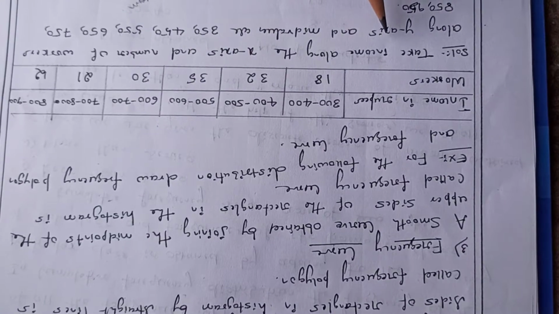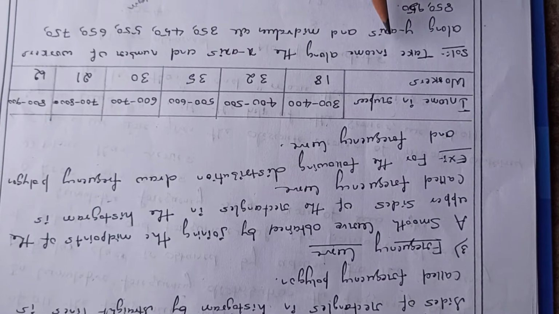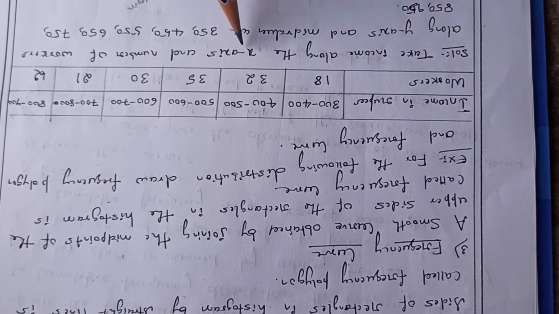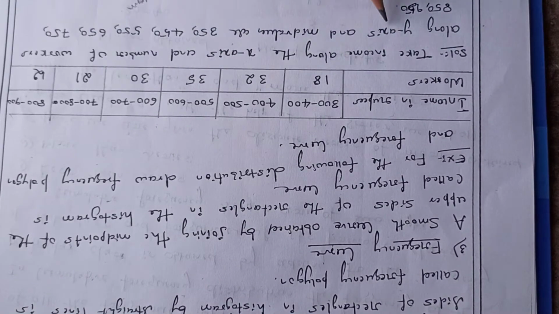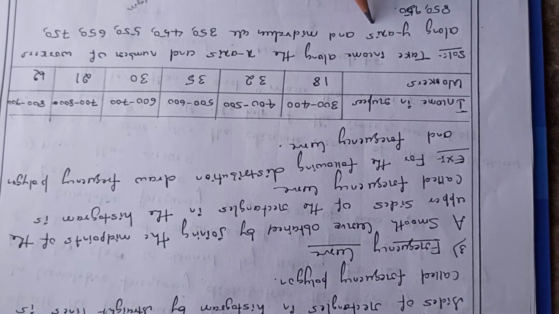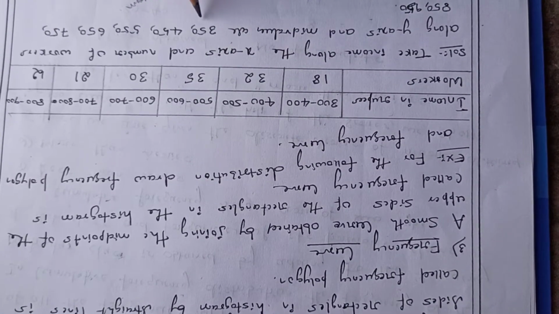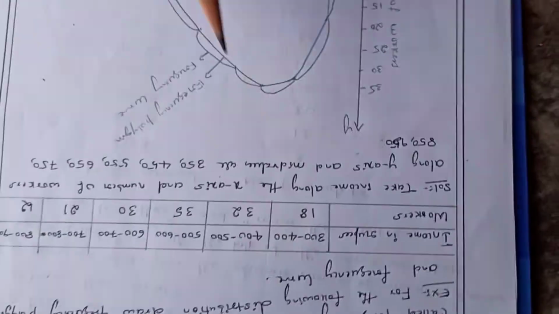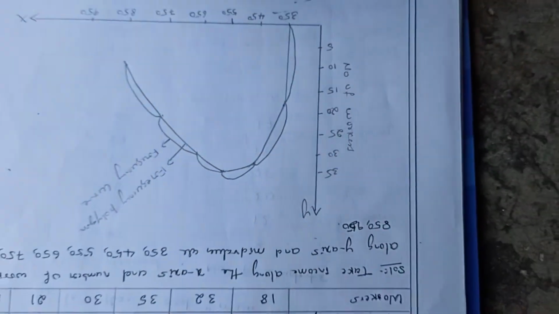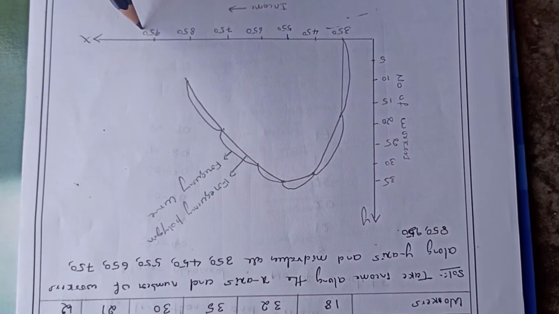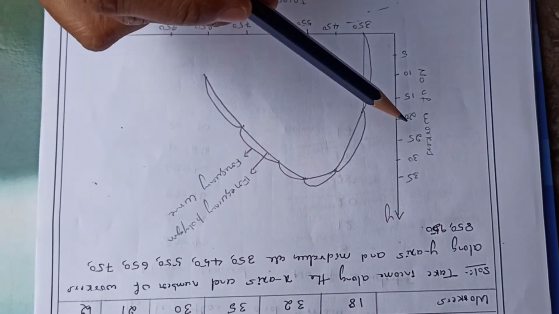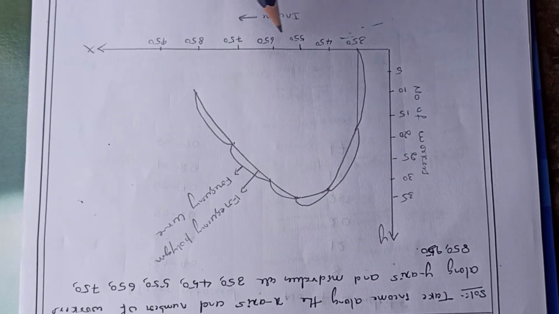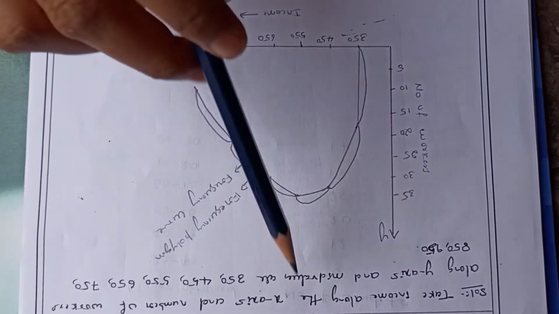To plot the frequency polygon or the frequency curve, we take income along the x-axis and the number of workers along the y-axis, and we are plotting the graph for the mid values. Here you can see in the graph, we have taken the midpoints of the class intervals.